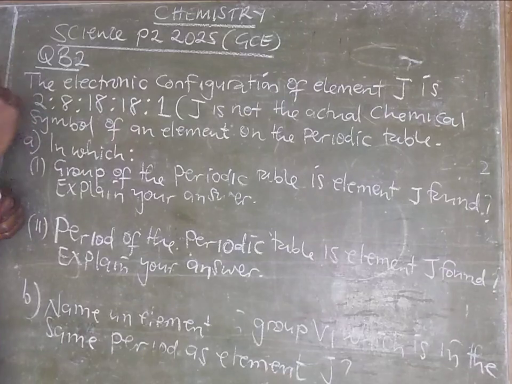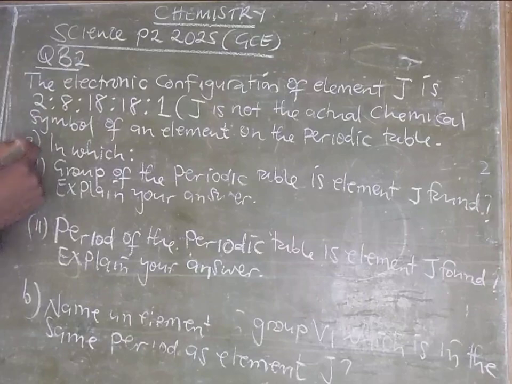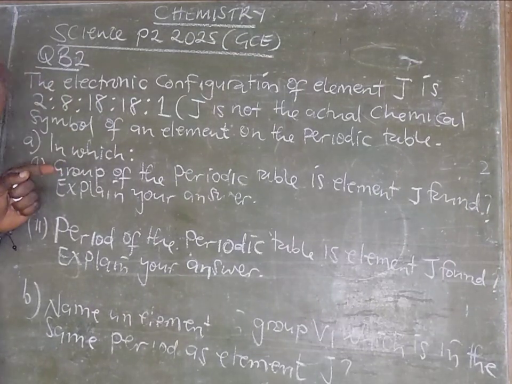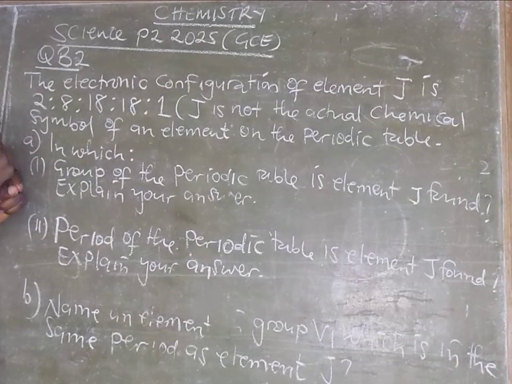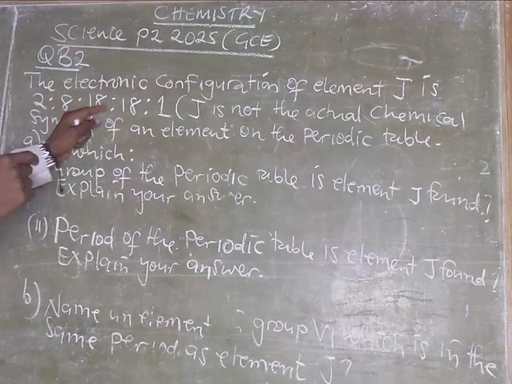In every electron configuration of any element, just know that the electrons in the outermost shell, which we call valence electrons, determine the group number of that element. So in this case, you check how many electronic shells we have. We have 1, 2, 3, 4, 5.